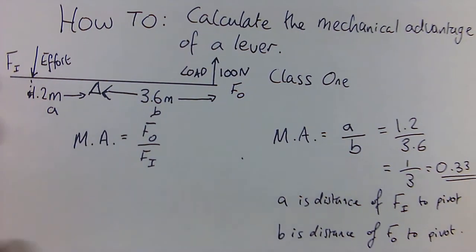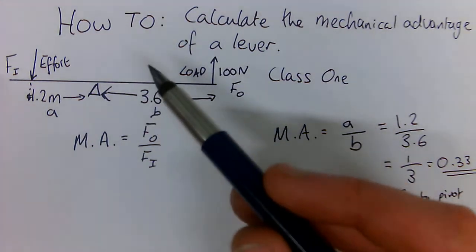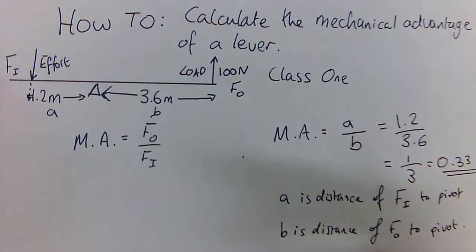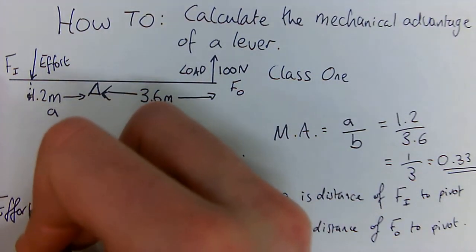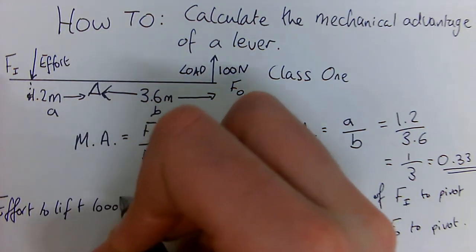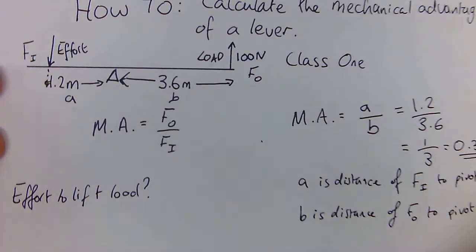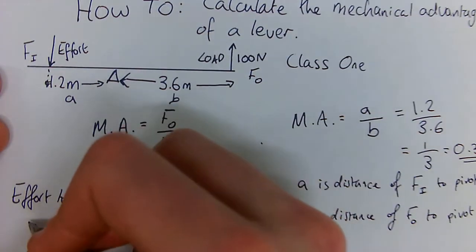Now, if they were to ask us to find how much effort we need to put in to lift this load, what we would need to do is consider the moments about our pivot.